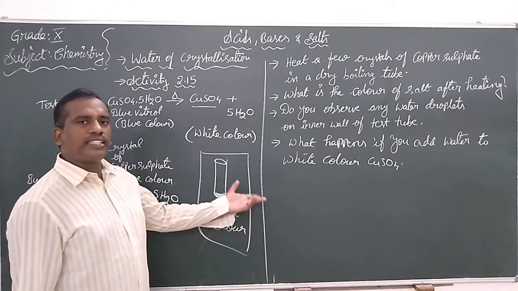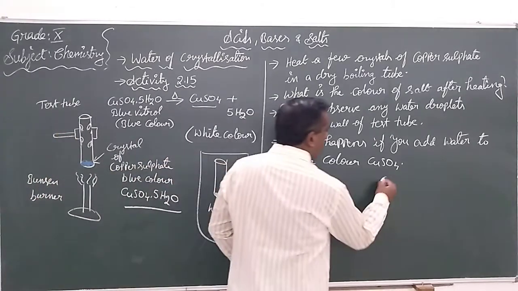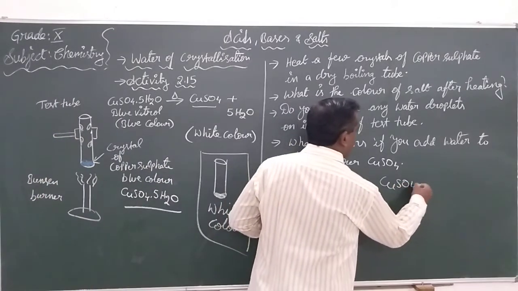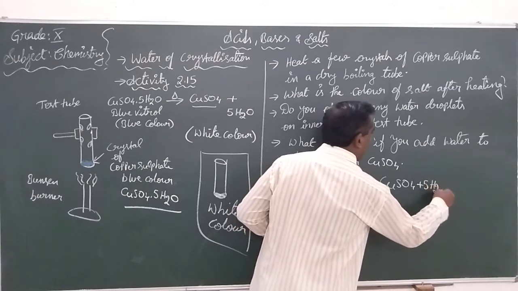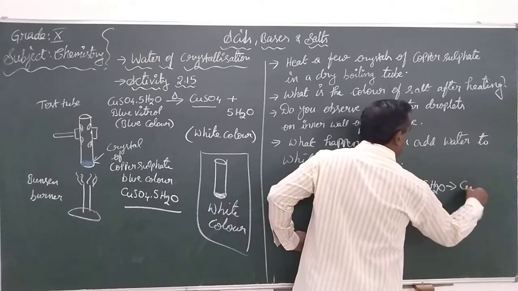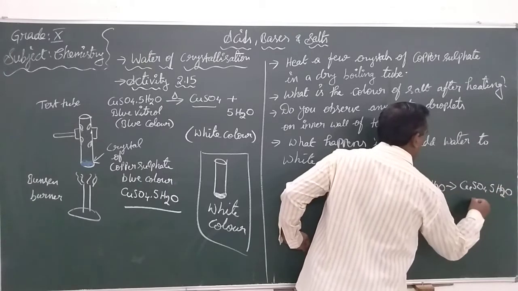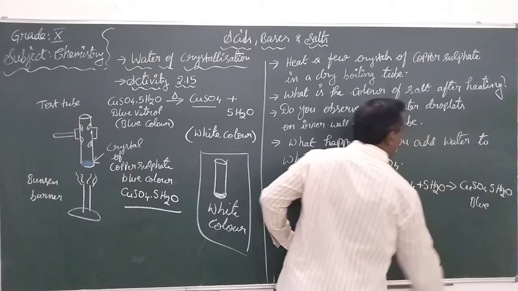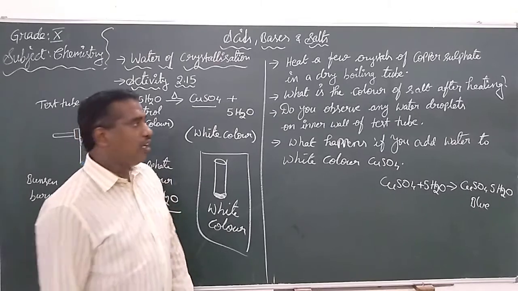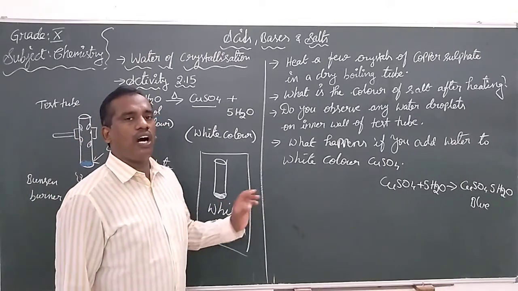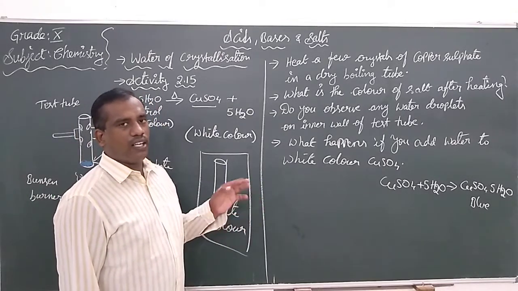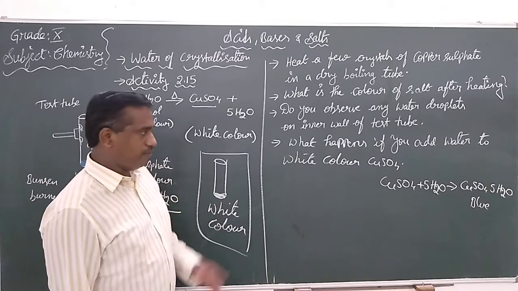For the white color CuSO4, if you add the water, it will accept only fixed molecules of water and that will change again into blue color. So the color of copper sulfate will be retained.